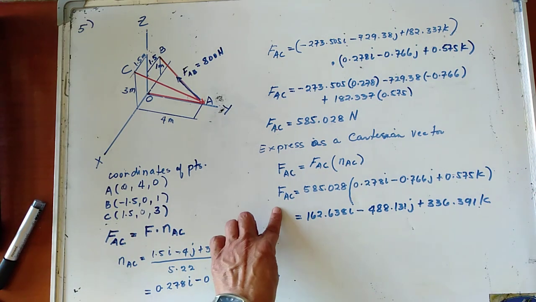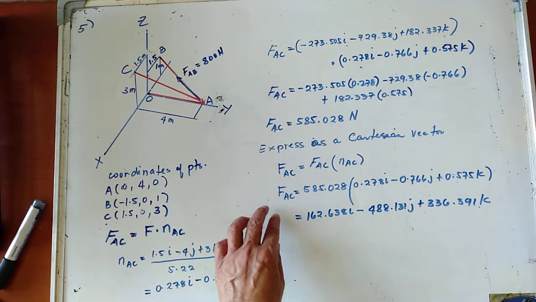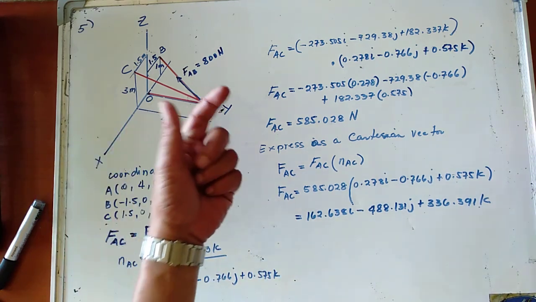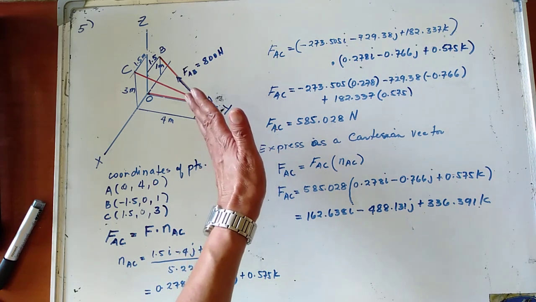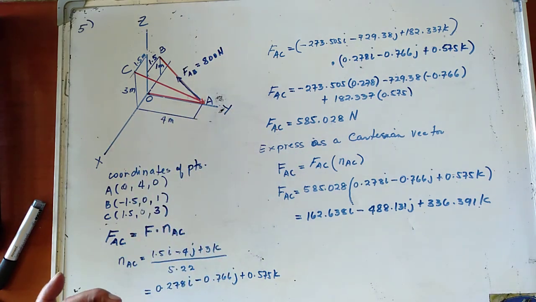So this is the Cartesian vector form of the component of the vector AB along AC.